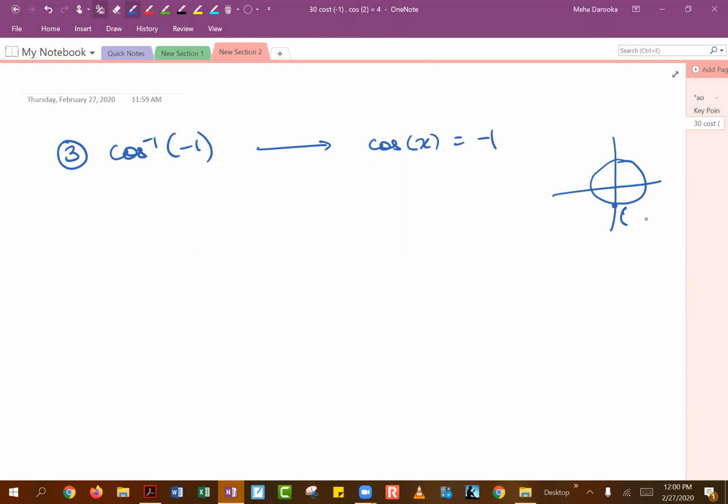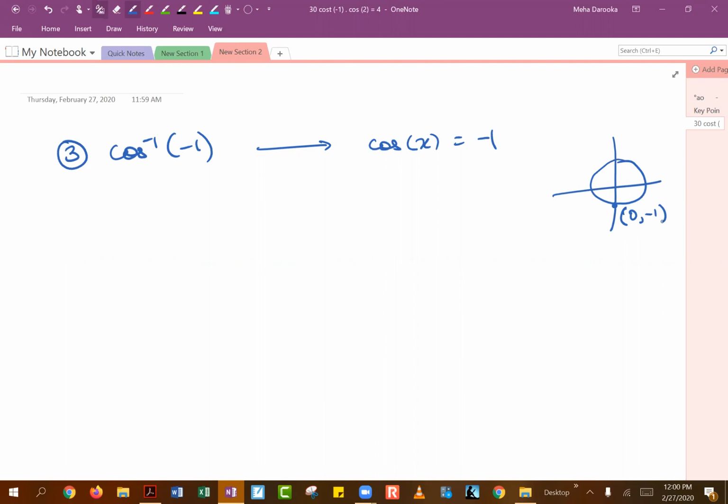No, just think in terms of x and y coordinate. What's the ordered pair? 0, -1. And remember, cosine is always the first coordinate, right? So that means cosine is actually 0. You're looking for where cosine is -1. Sine is the y. Yeah, x is the cosine.